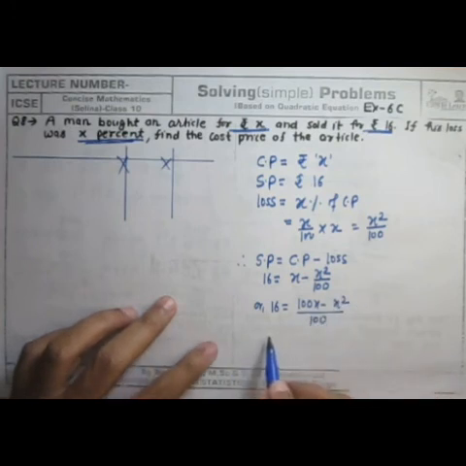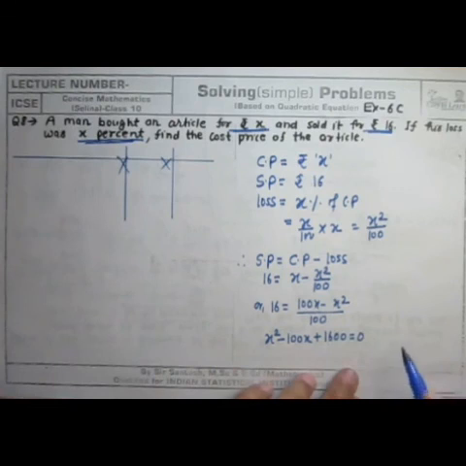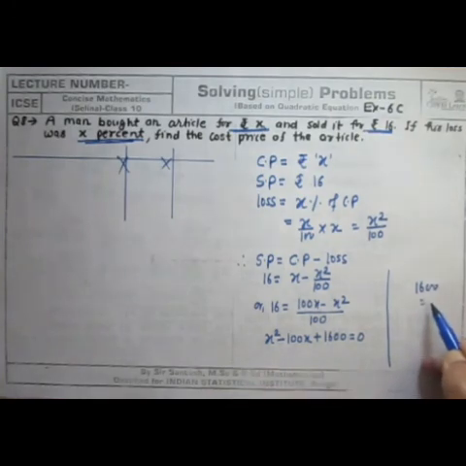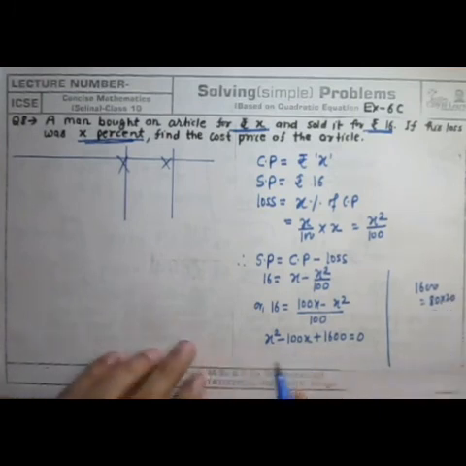So we are getting the equation x square minus 100x plus 1600 is equal to 0. Now this 1600 can be written as 80 into 20, and their sum is 100. So it is x square minus 80x minus 20x plus 1600 equal to 0.